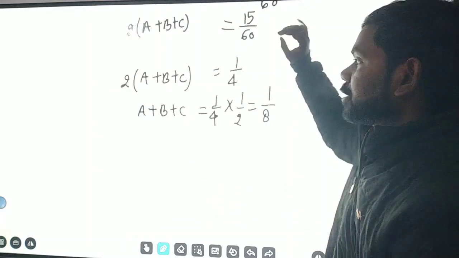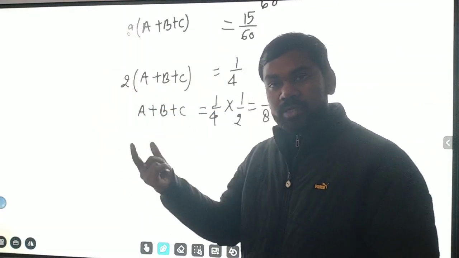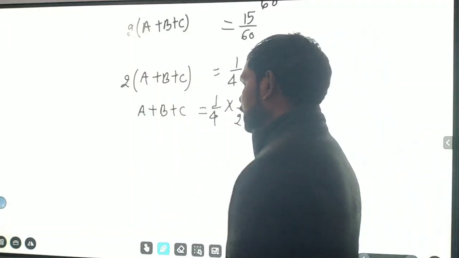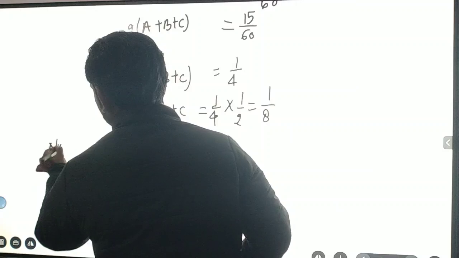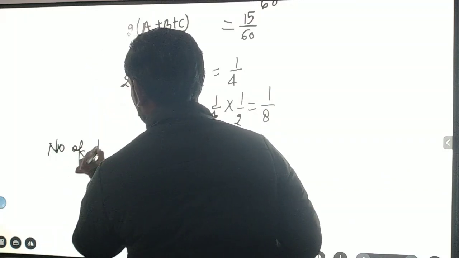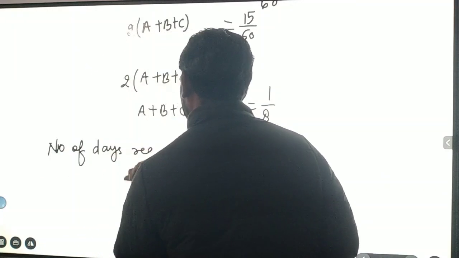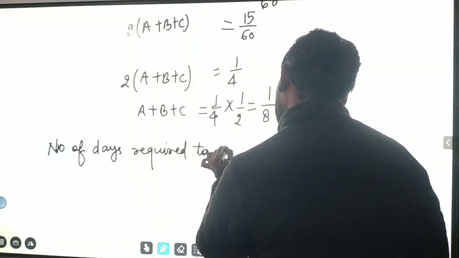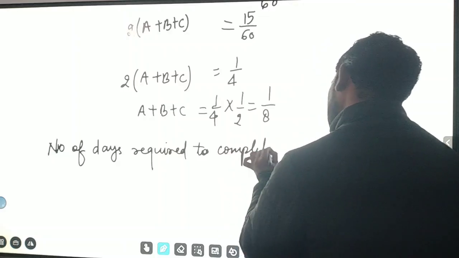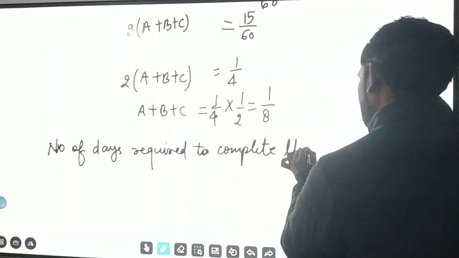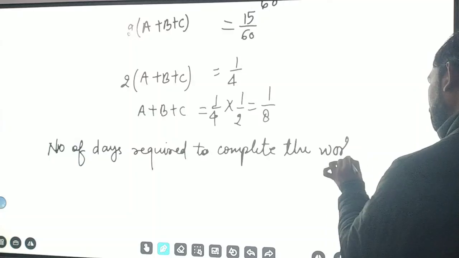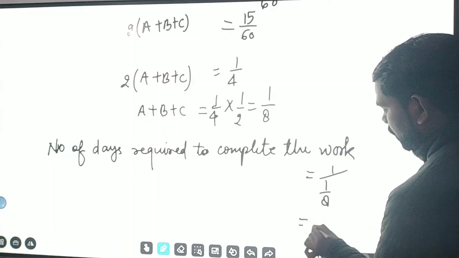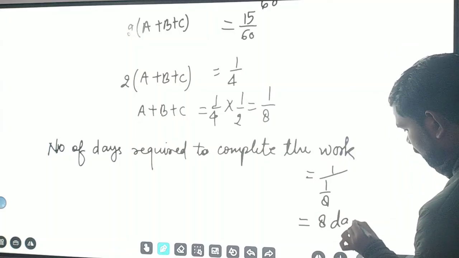Since we know that the number of days is always inversely proportional, or reciprocal, to the work done, we write number of days required to complete the job is equal to 1 upon 1 by 8, which is equal to 8 days.